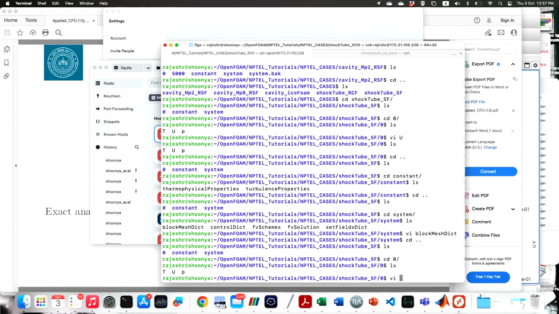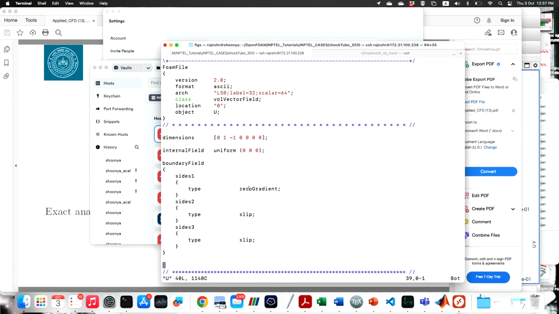I start with U. We are anyway interested in the middle section, so on the top and bottom you can put a symmetry boundary condition, and then you have zero gradient conditions on one of the sides. On the left and right you can put a zero gradient, and top and bottom you can put the slip.